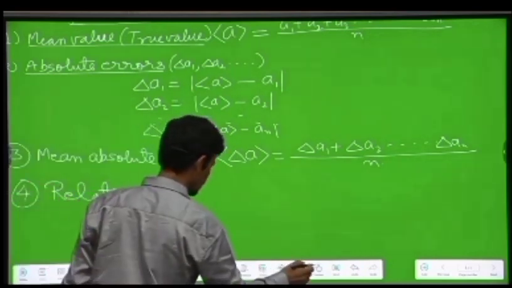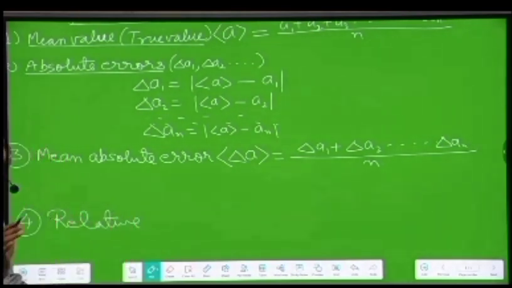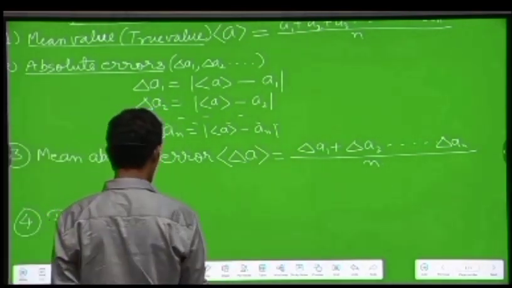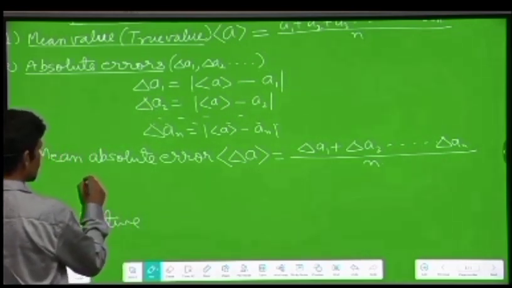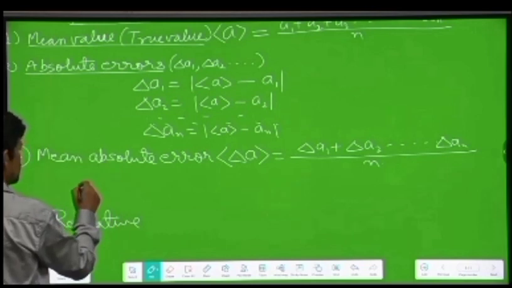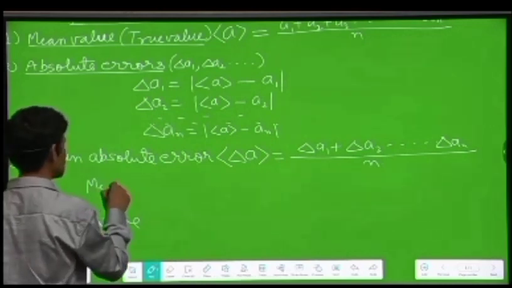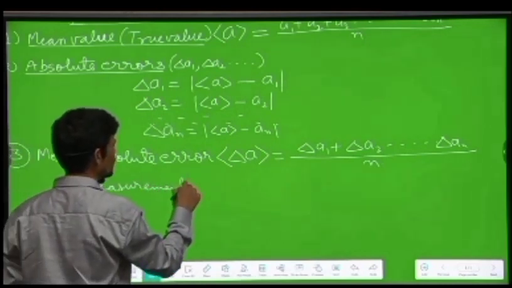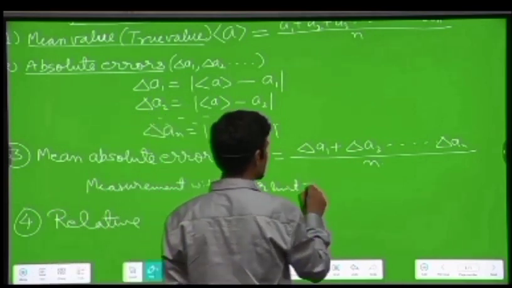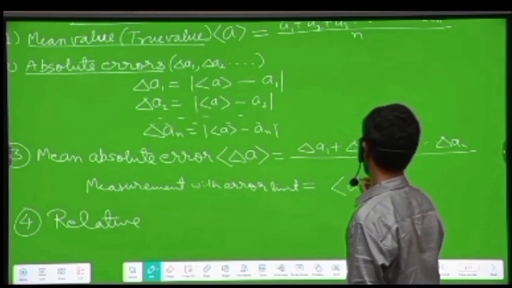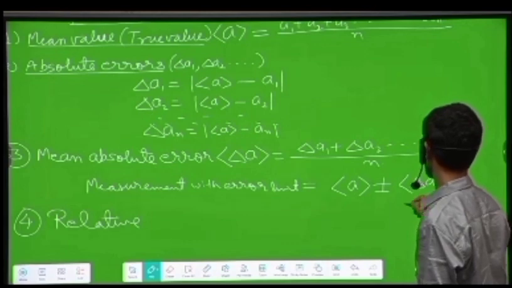Okay, but before that, let me tell you, if we want to report some final result, then the value or measurement with error limit will be given by mean a plus minus mean of this delta a.